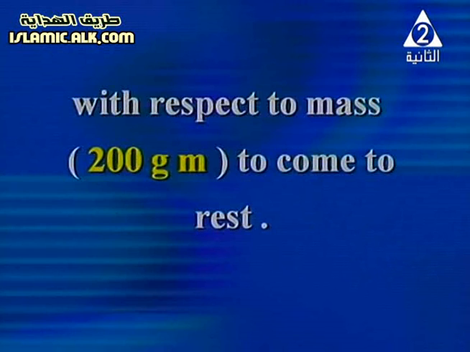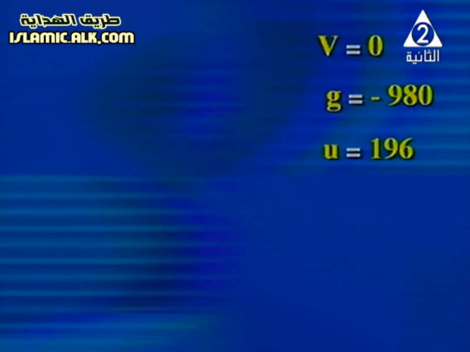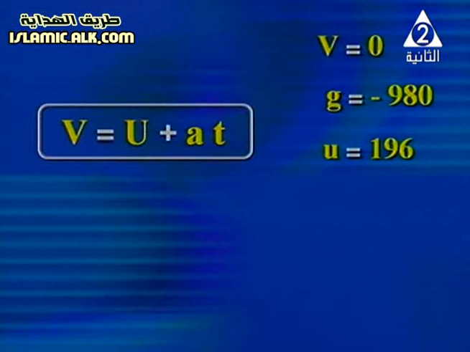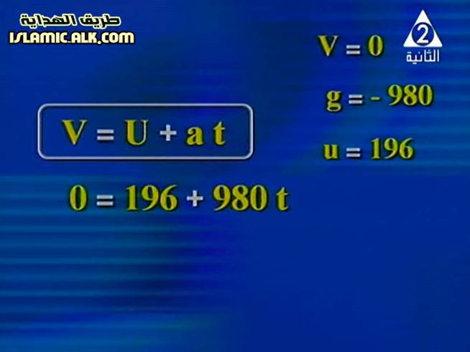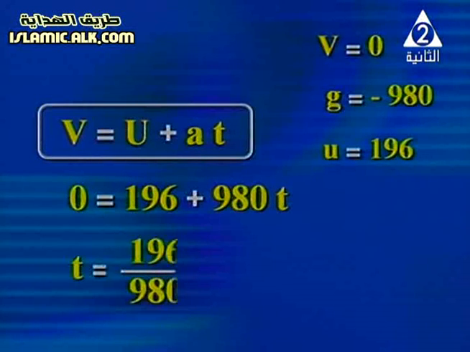With respect to the mass 200 gm, it moves up until it comes to rest. Then what is given? v equals 0, g equals negative 980, initial velocity 196. By substitution in the first equation, v equals u plus gt, we find the value of t: t equals 196 over 980 equals 1 over 5 second.